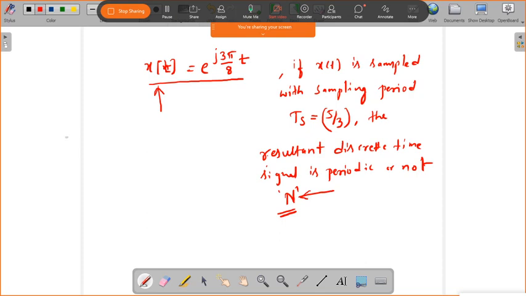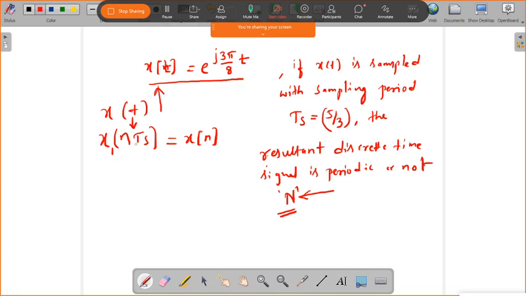Now the first step, we need to sample with the sampling period Ts. So when you get x1 of n Ts, that is if you replace t by n into Ts in x of t, you will get the sampled version, which we'll call the discrete time signal, is it not?